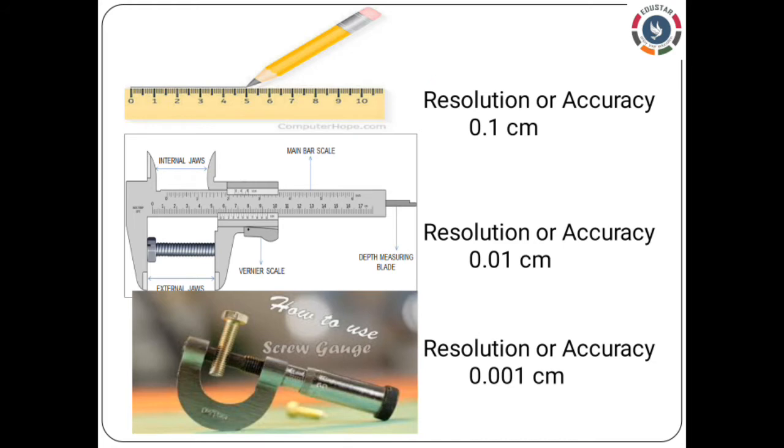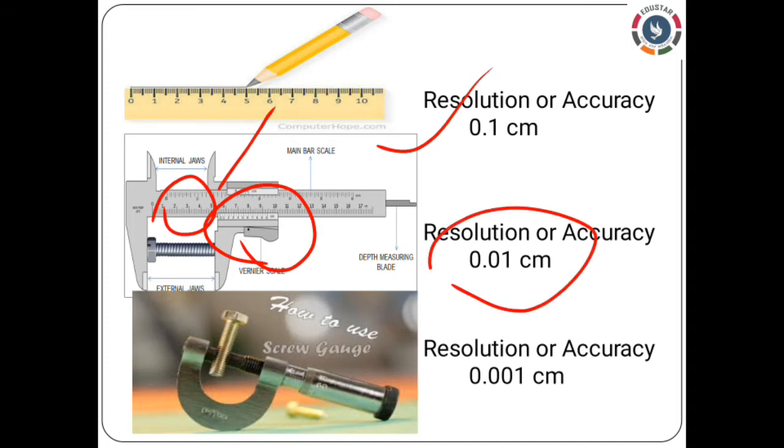While using the vernier calipers, which is a device used to measure length, breadth, depth, inner radius, outer radius and diameters of materials, there are two scales. One is the main scale, similar to the meter scale, and another is called the vernier scale. By using both scales, we can get measured values with a resolution of 0.01 centimeter.